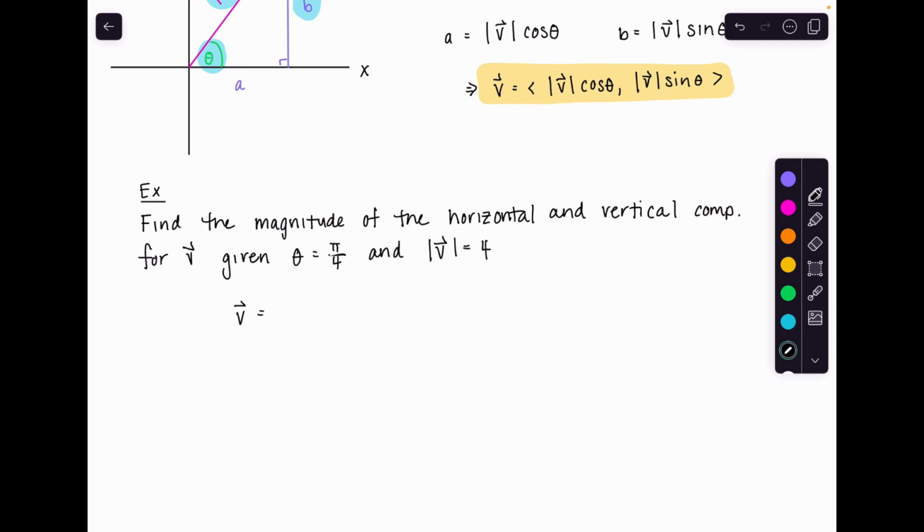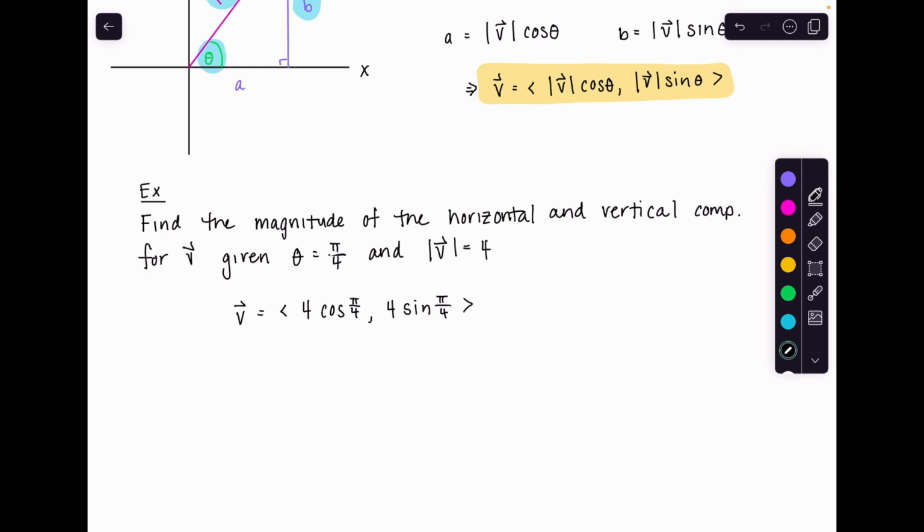So my x component is going to be the length times cosine of the angle this vector makes. My y component is the length times sine of the angle this vector makes. At this point, you do want to be really fluent in your trig, being able to evaluate these pretty quickly.